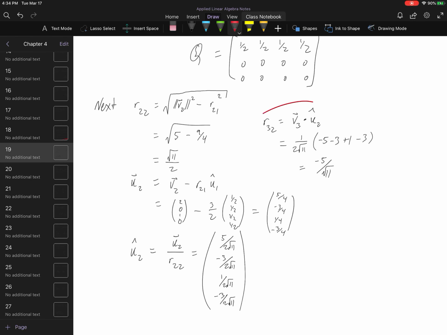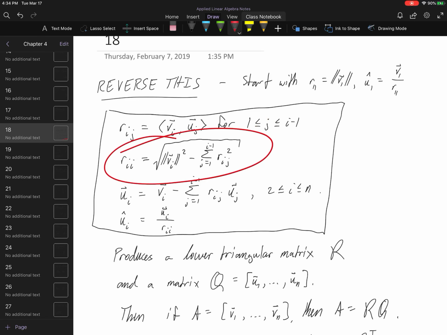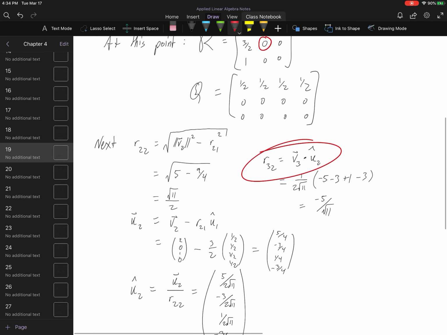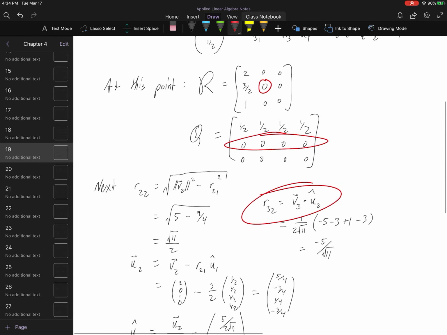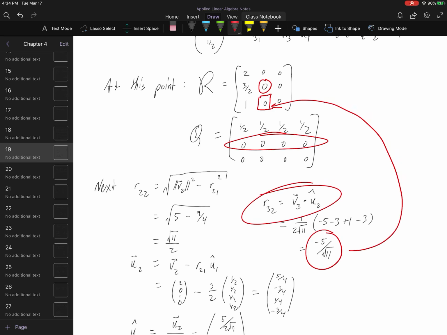So here's U2 hat. But I now have U2 hat, which means that I can go ahead and compute R32 based on this box on the previous page, right? I can keep going. I can keep building up this matrix. So I have filled in U2 hat right here, and my next aim is to fill in this boxed element in the R. And that's what this guy will be right here. It's the dot product of V3 with U2 hat.